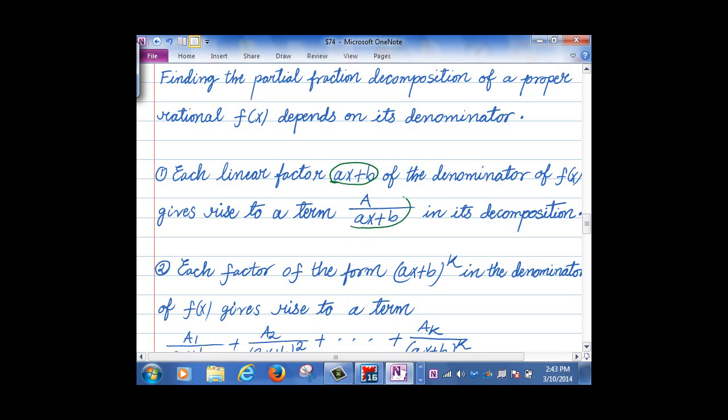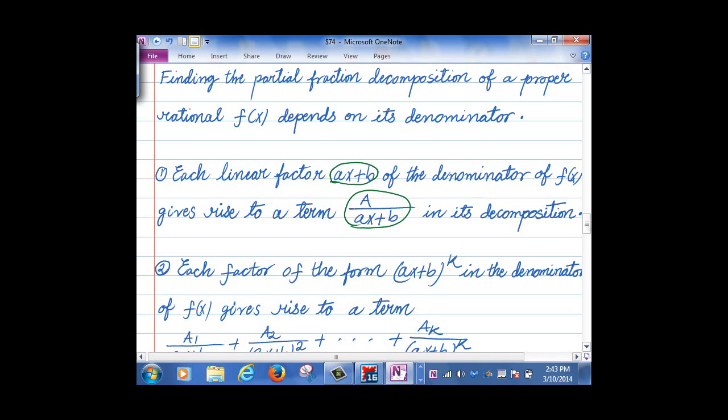For some constant A, you'll get a term like that. I'm going to show you how to find A later. Right now the point is how the decomposition looks. So for a linear factor ax plus b in the denominator, the decomposition term is a constant A divided by that factor ax plus b.